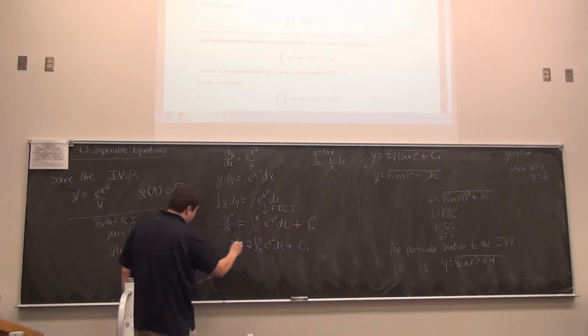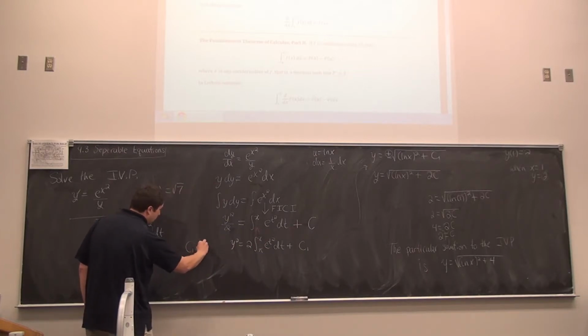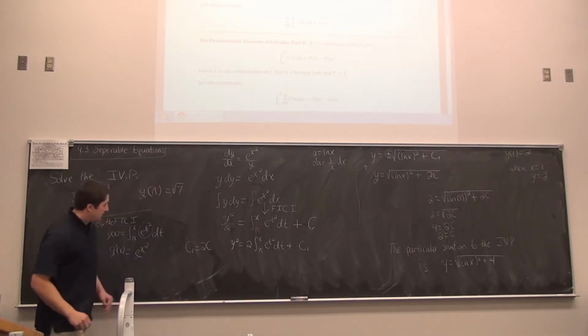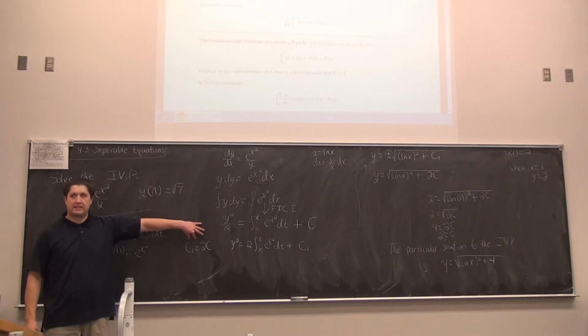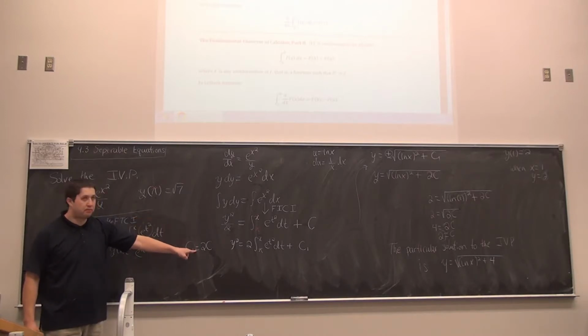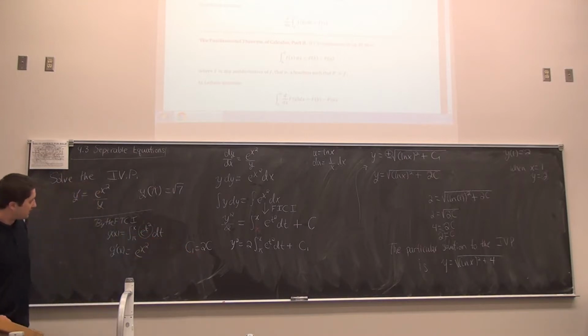This would be multiplied by 2, and we can say that c1 is twice c. You don't necessarily have to write this out all the time, but I think this is a really good practice, because if you take differential equations, depending on who you take it from, some people will call that a required step to track what is happening with the constants. Next, we'll take the square root of both sides.